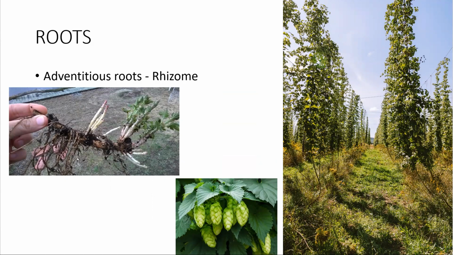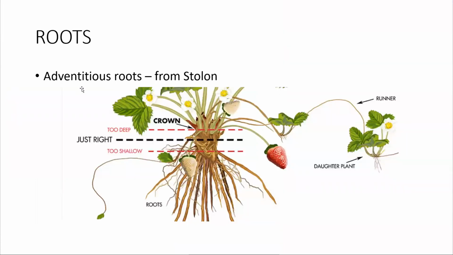Now, very different than planting things from seed, right? Because you get that genetic variation when you're planting from seed. When you're planting using a plant part, you're cloning, and so you're getting a genetic replica of that plant. Strawberries, right? We've probably all seen this and taken advantage of it in that strawberries have stolons.